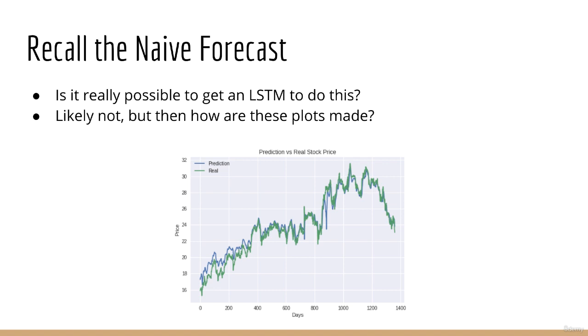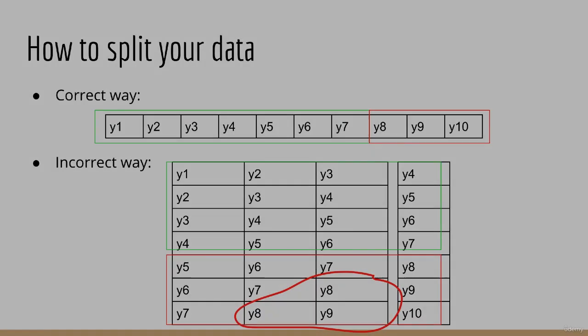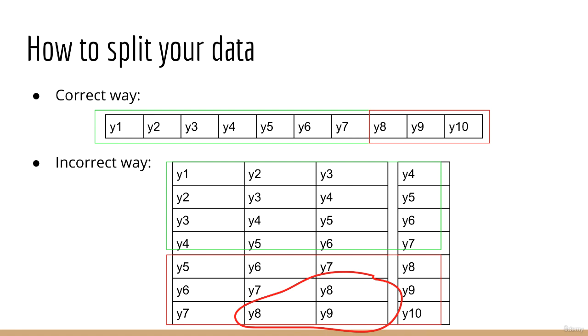But how do these marketers get their plots to look so good on the train set and the test set? As you know, the model should never see data from the test set, and therefore should have no opportunity to copy those values. Well, in fact, that's exactly where the mistake is. If we split up our data more carefully, what we would want to do is this.